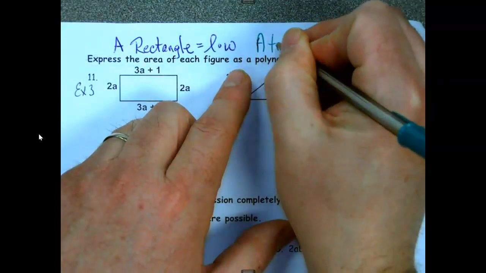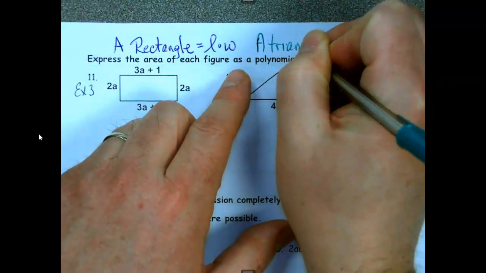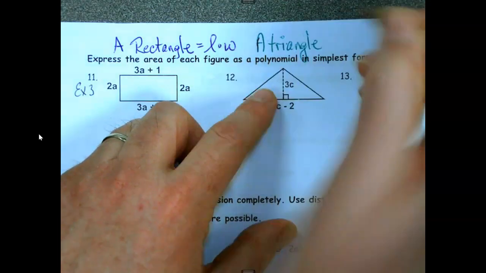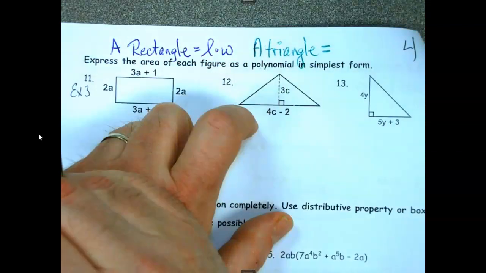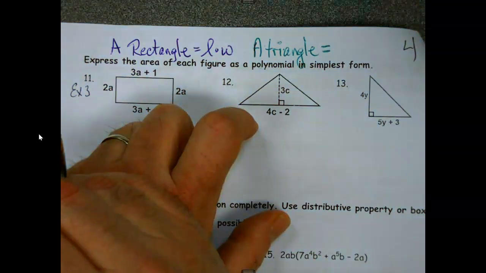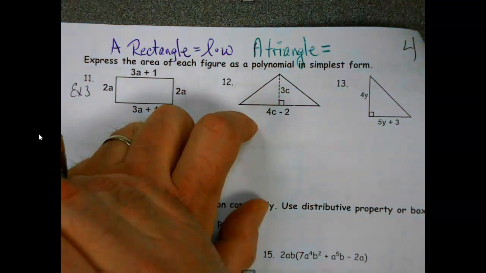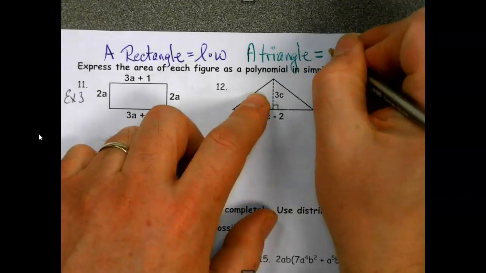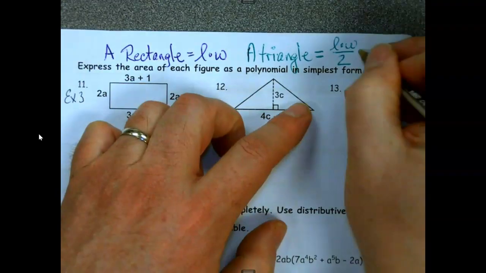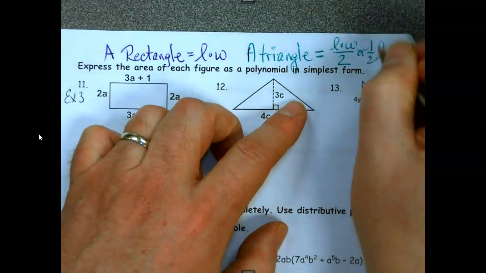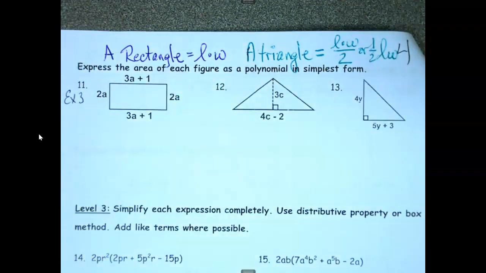So the area of a triangle. Anybody know that formula? Yeah, nice. Okay. So you can either do 1/2 length times width, or you can do length times width divided by 2. That would work as well. I'll put both.